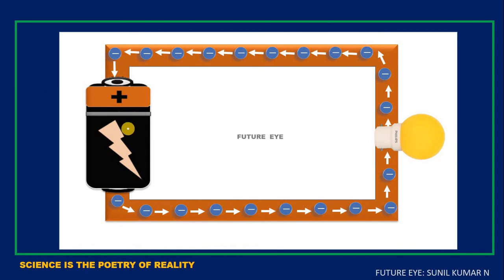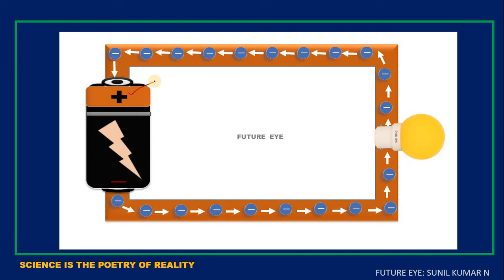Yes. See here we have a battery, and this is the circuit. The circuit is connected to the battery. As soon as I connect the circuit to the battery, electrons start to flow. This is the negative terminal of the battery, and this is the positive terminal of the battery, children, and you have to keep it in mind.